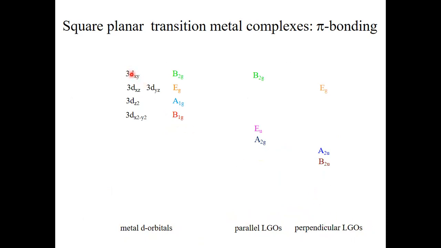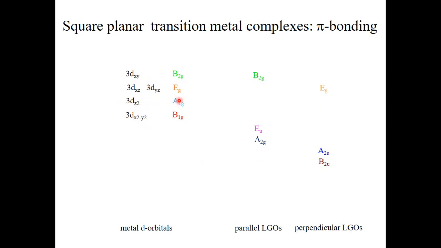Then we see that the 3dxy has B2g symmetry and will interact with the B2g parallel LGOs. The 3dxz and the 3dyz have Eg symmetry. They can interact with the Eg orbitals of the perpendicular LGOs.